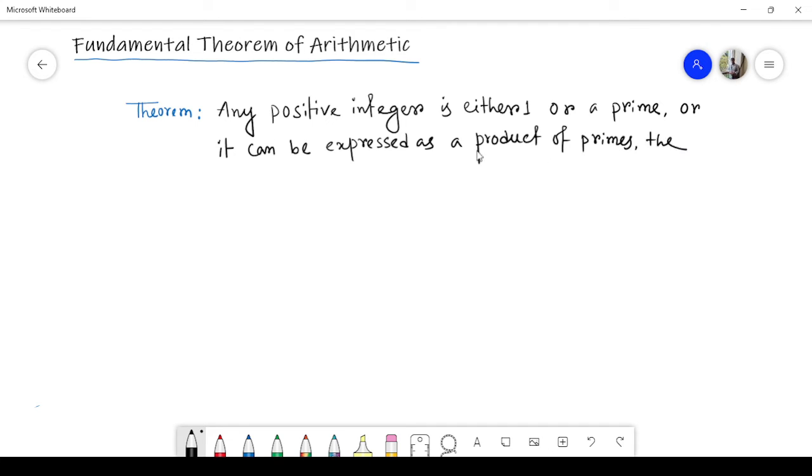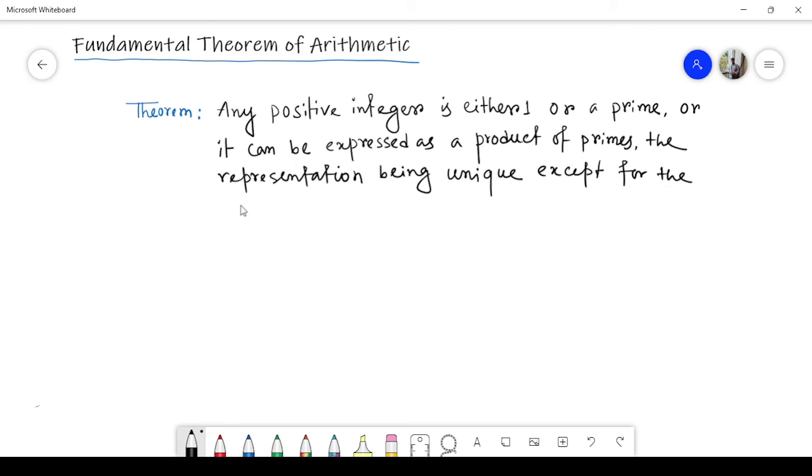The representation being unique except for the order of the prime factors.